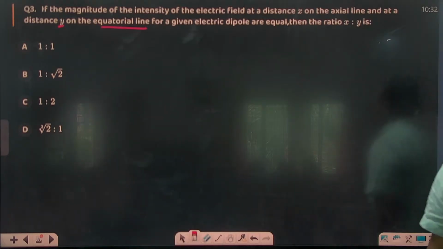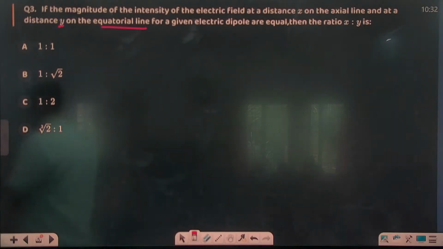They are saying that on the axial line at distance x and on the equatorial line at distance y, the electric field is the same. They are asking to calculate the ratio of x and y.